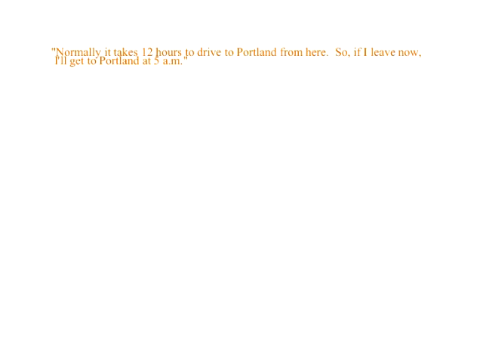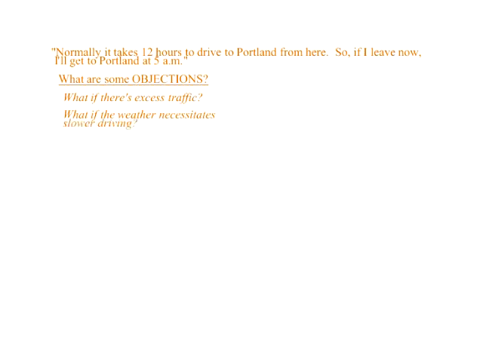But what are some objections that you can make to this? Quite plausible objections. Like, what if there's traffic? What if there's a traffic jam? Okay, what else? What if the weather necessitates slower driving?